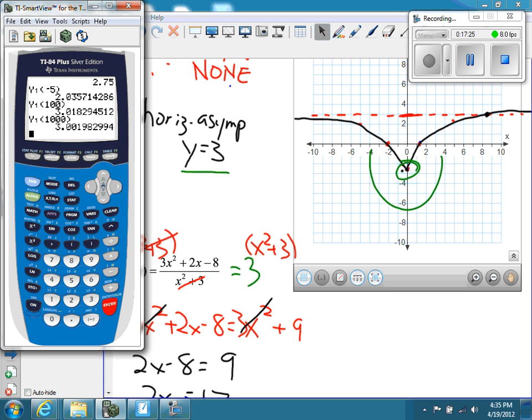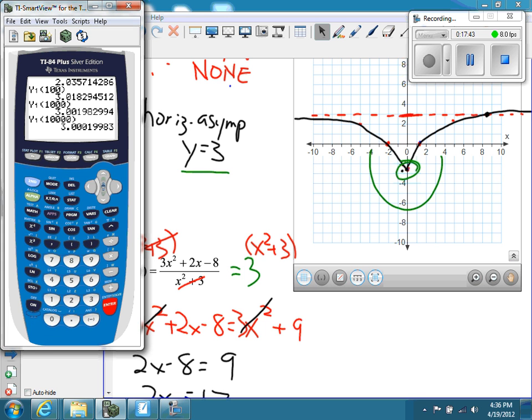Well, it's even closer to 3. And if I did one more time, alpha F4, I'm going to do, I don't know, 10,000. And close it off. Again, it's just getting closer and closer to 3.